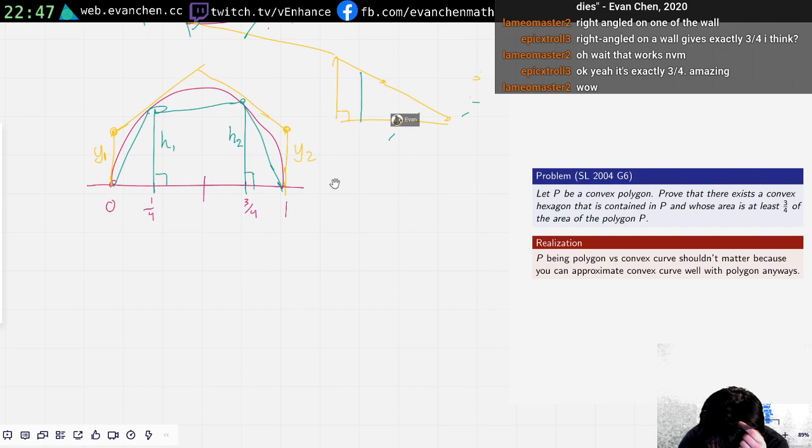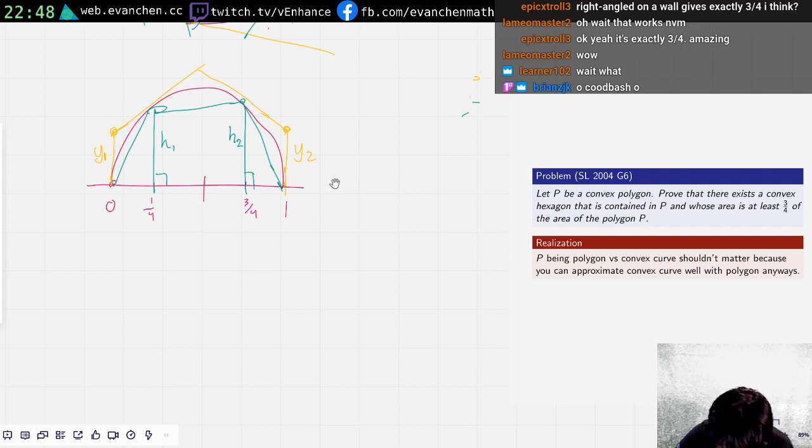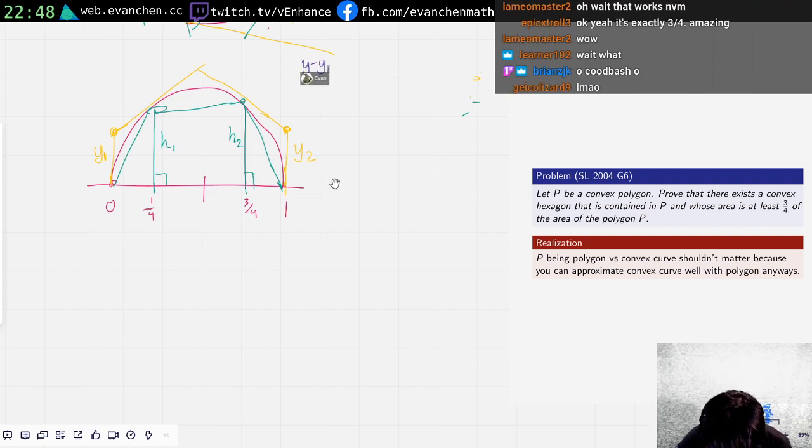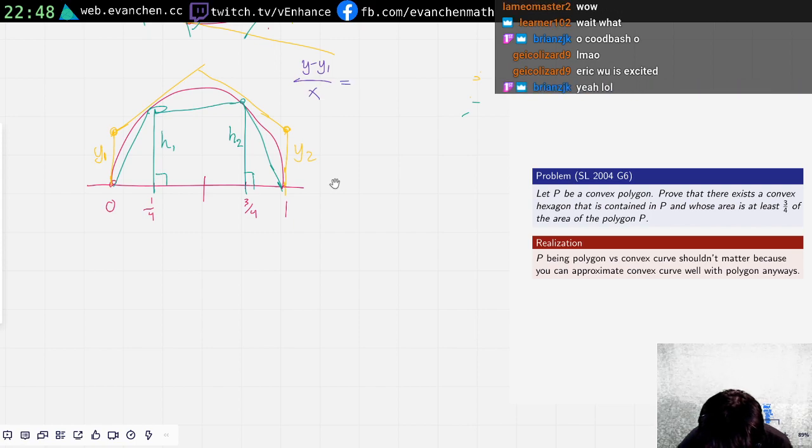Alright, since I got quoted on this, we're gonna use the hammer, and the hammer is called Cartesian coordinates, because I have no idea what else to do. Okay, so y1 and h1. So this is the line y minus y1 over x is supposed to be equal to the orange guy, which is h1 minus y1 over 1/4.